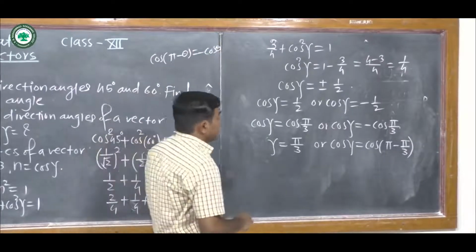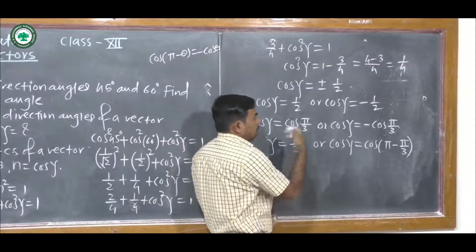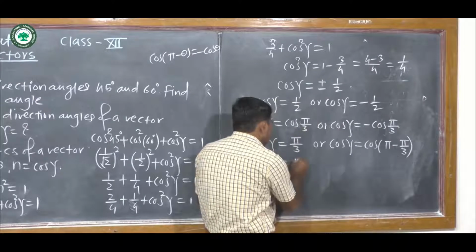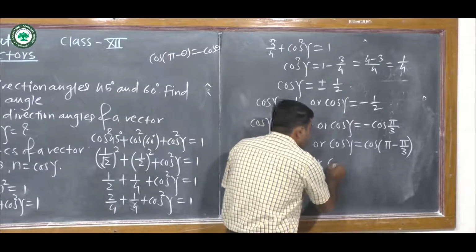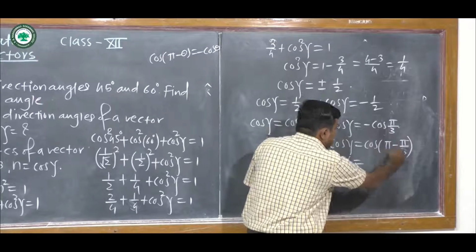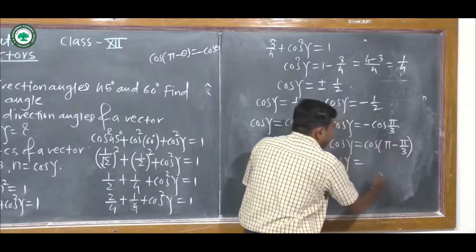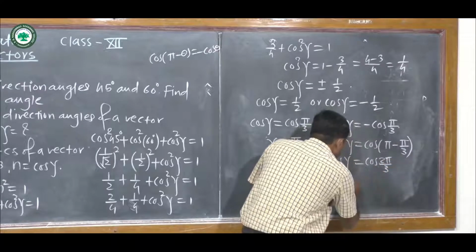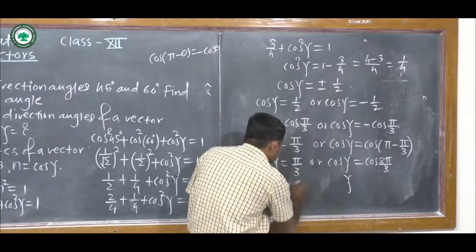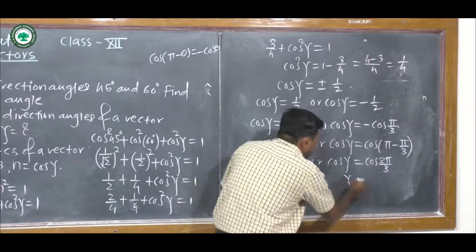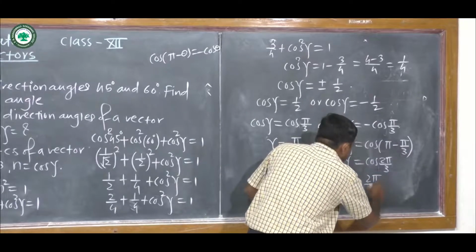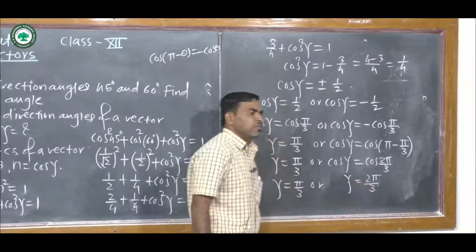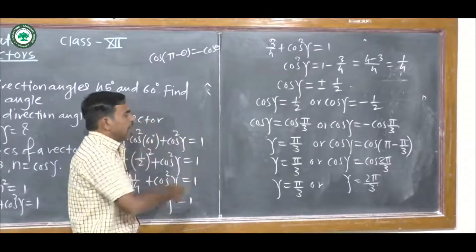Minus cos theta can be written as cos of pi minus theta. So cos gamma is equal to cos of pi minus pi by 3, that is (3 pi minus pi) by 3, which is 2 pi by 3. So gamma is equal to pi by 3 or gamma is equal to 2 pi by 3. Pi by 3 means 60 degree and 2 pi by 3 means 120 degree. In this way we have two values of gamma.